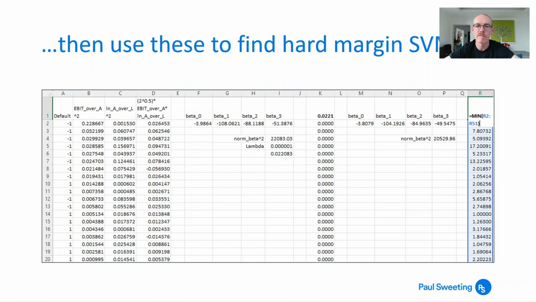I mean, you can see the norm of beta squared has dropped from 22,000 to about 20,500, so it's a little bit better. But anyway, that gives us some answers for beta: minus 3.8, minus 104, minus 84, and about minus 50. So that's the old-fashioned way.